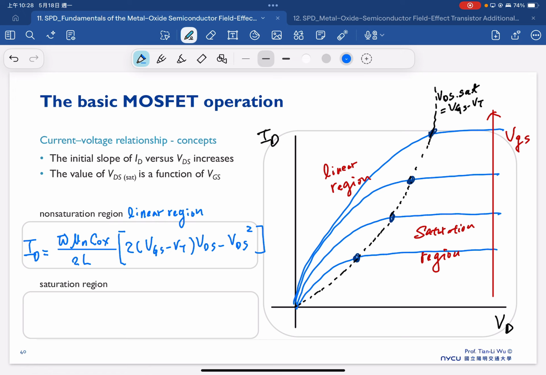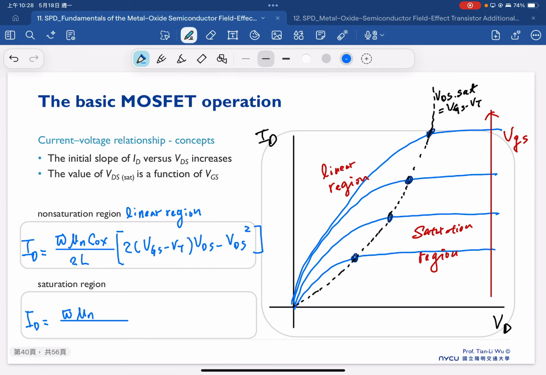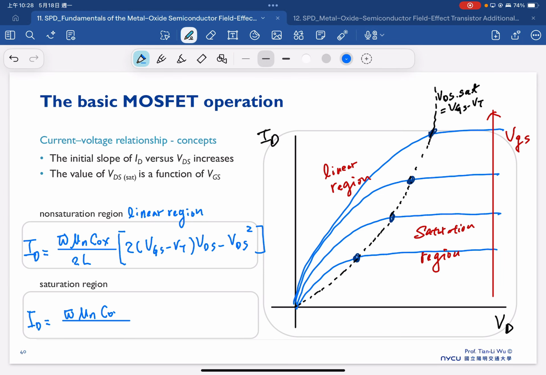And the current equation for the saturation region is ID equal to W mu n Cox over 2L times (VGS minus VT) square.